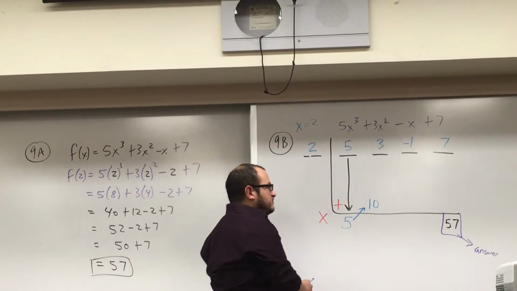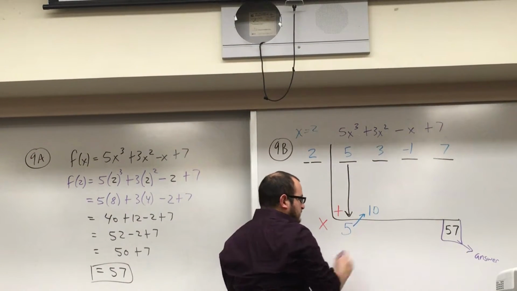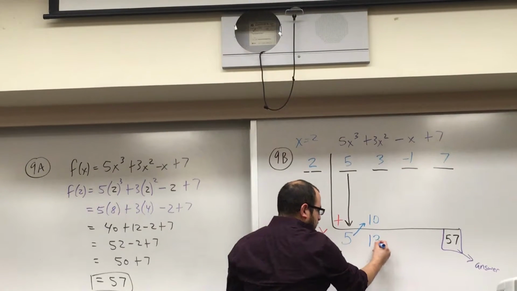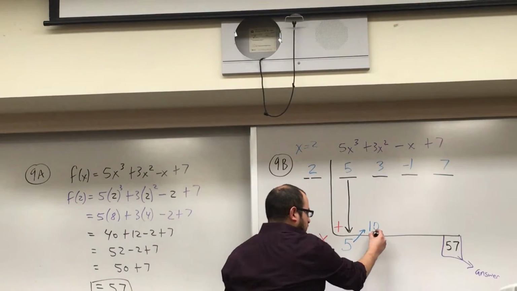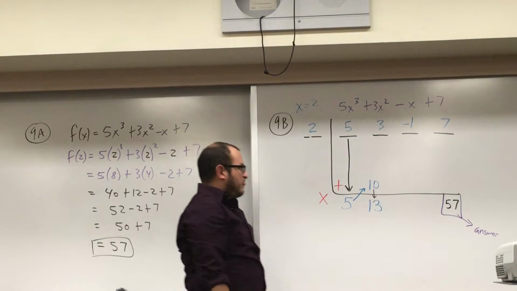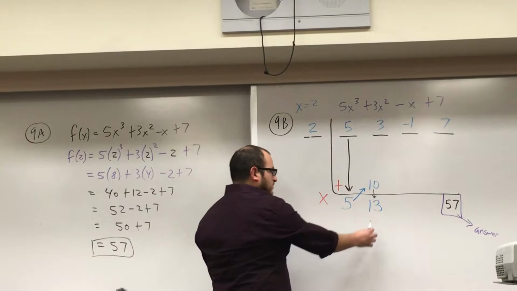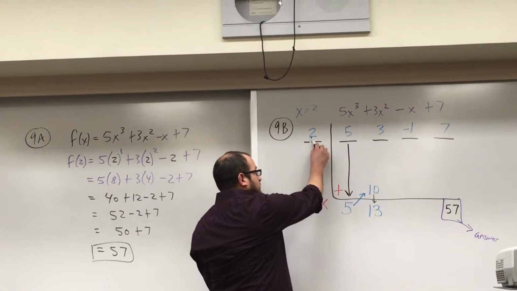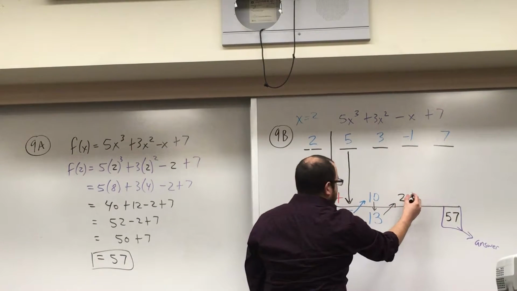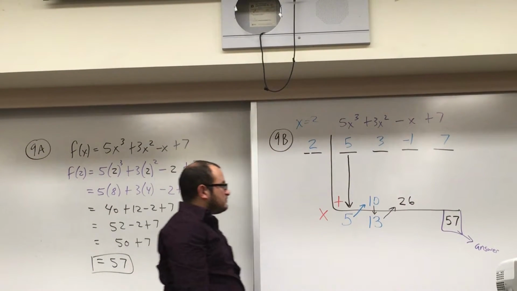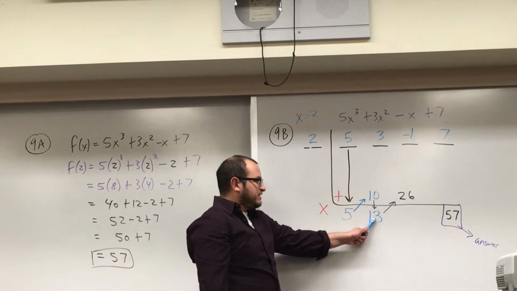And now we have 2 numbers on the inside. 3 plus 10 gives me 13. Now we have one new number on the outside, 13, times 2. That result gives me 26. How did I get this number?